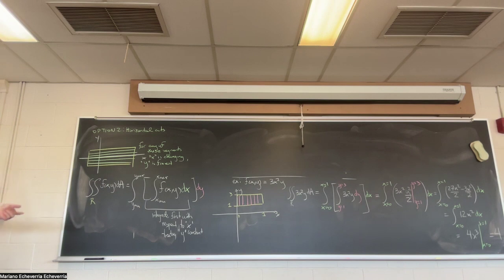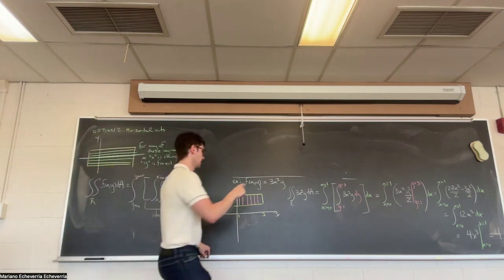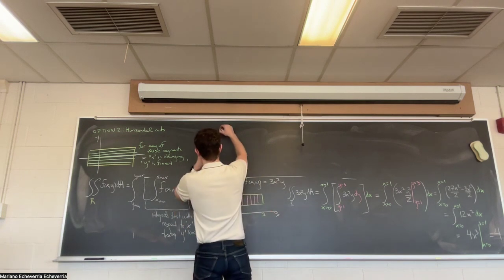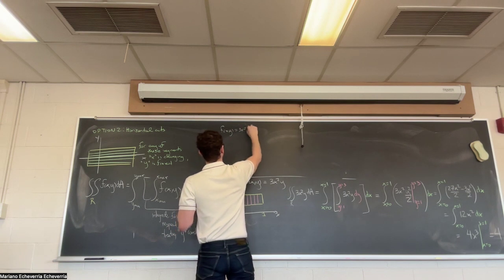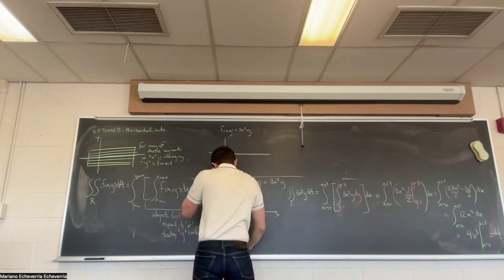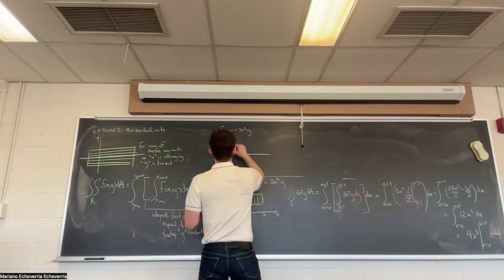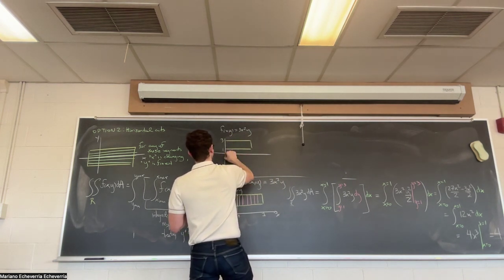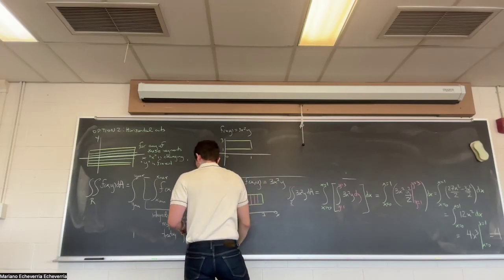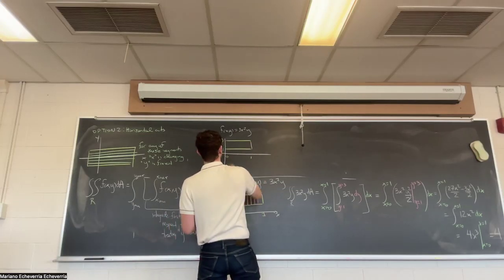So let's just do exactly this for this problem with this function and rectangle as before. So let's do it for the same rectangle. So here you have 1, 3, 0, 1. And now the cuts look horizontal.